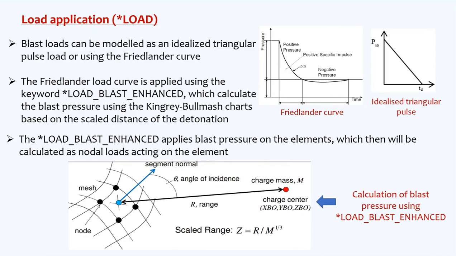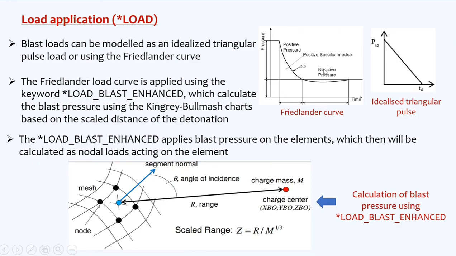So next we'll just look at how to directly apply the blast load. You have already learned that blast pressure is in the form of a Friedlander wave curve. And in this section, we'll be applying it as a Friedlander wave curve itself. And this is the idealized triangular pulse that we have already applied and discussed the results.